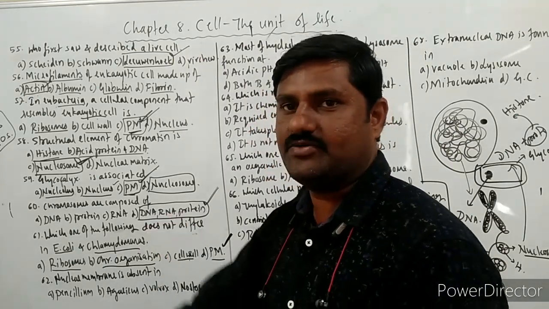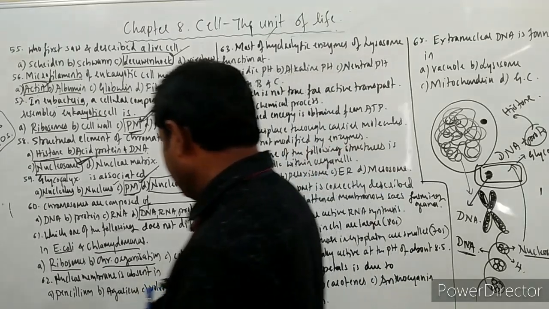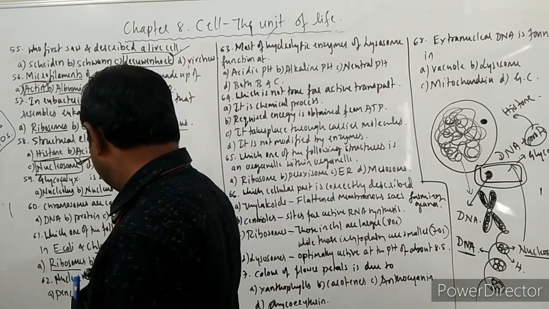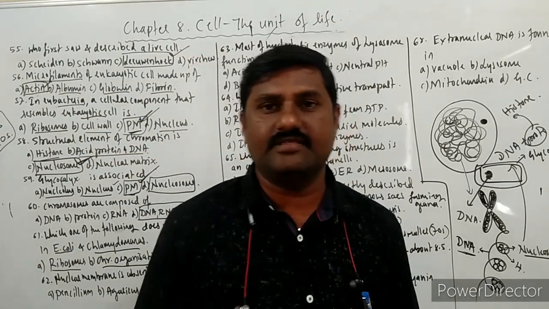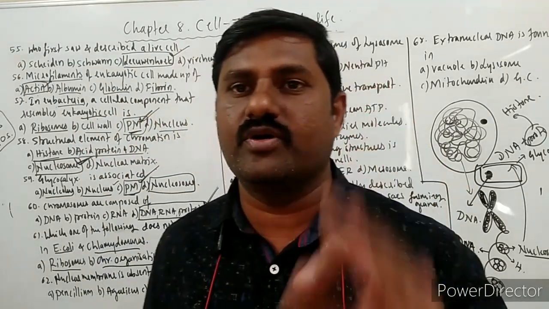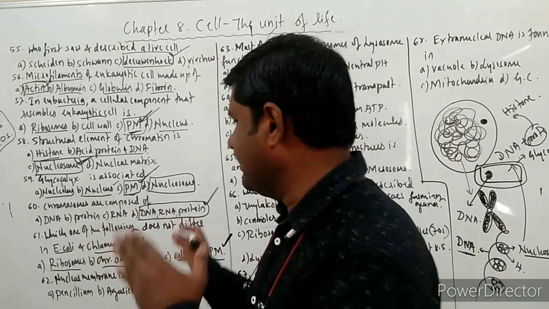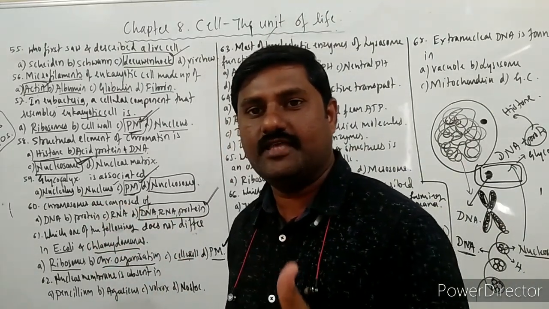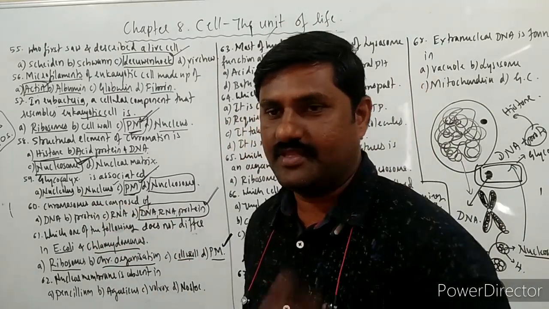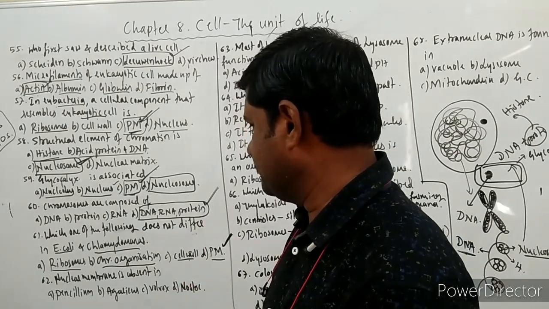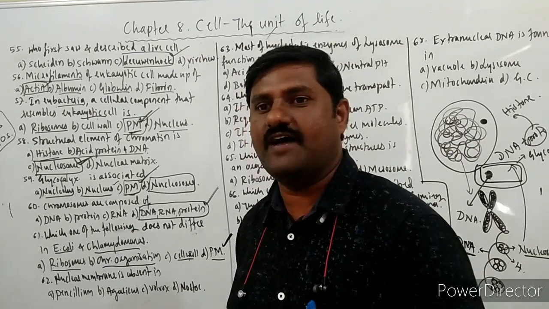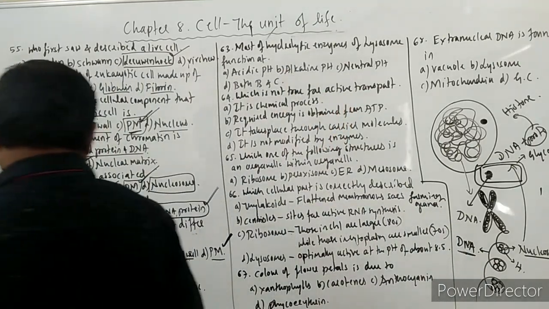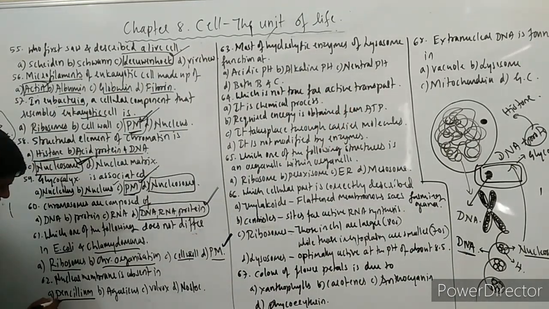Come to the next question. Nuclear membrane is absent in which? Nuclear membrane is always absent in prokaryotic cells, so we will have to identify in the options which is the prokaryotic cell. The first option is Penicillium. Penicillium notatum is one of the fungi.